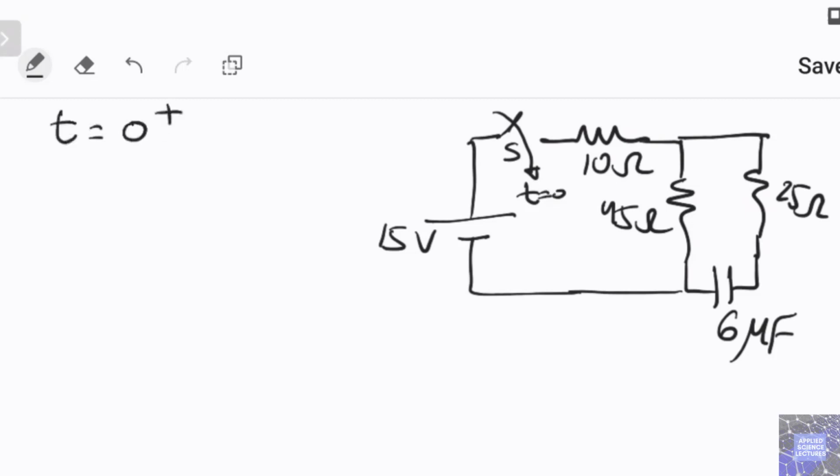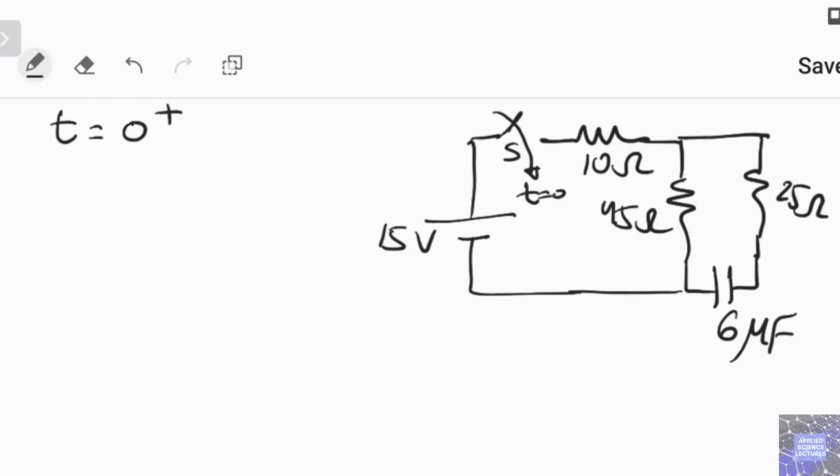So if I am to have the switching happening at t equals 0, then the moment right before the switching is happening, I'm calling it 0 minus, and right after the switching is happening, I'm calling it 0 plus.